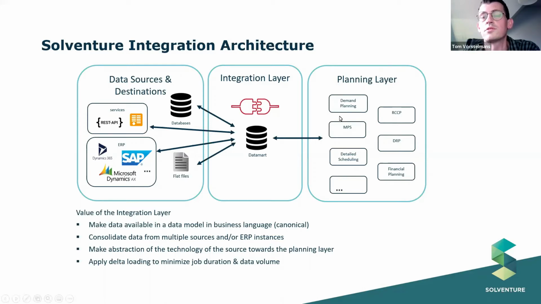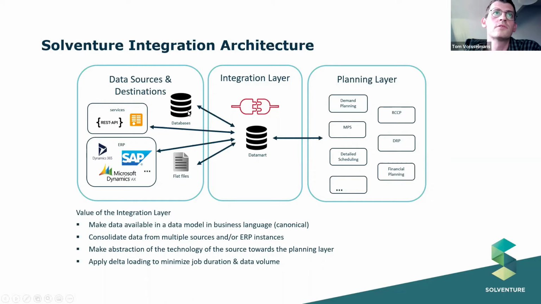And often customers start with demand planning, and later they also do supply planning, where you have different types and different levels of aggregation, from high level to planning on production line level, or focusing more on financial planning. And typically those modules have different data needs, but also a lot of the data overlaps. So like each module needs data about materials, but not all modules need the same data.